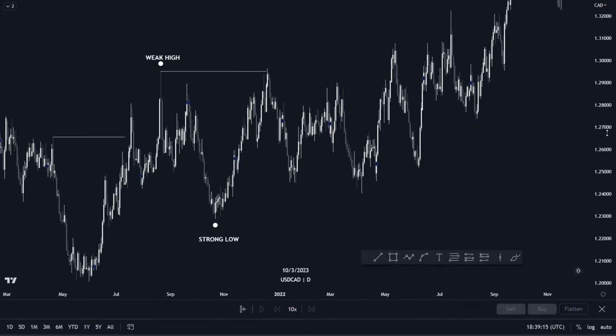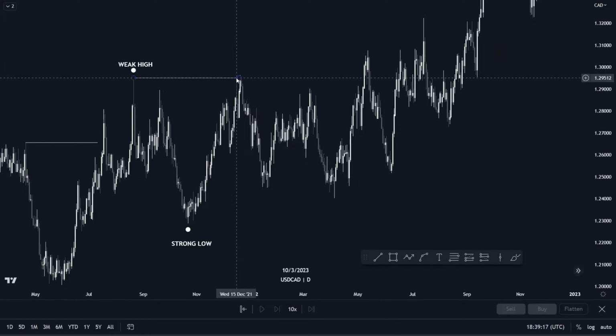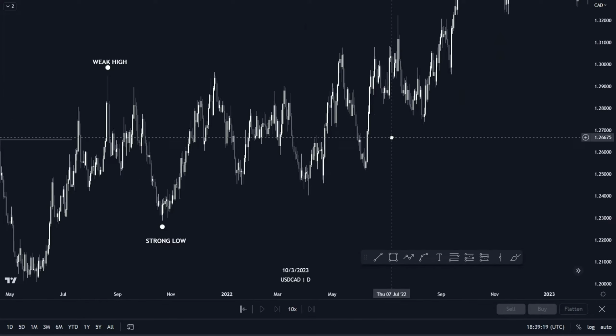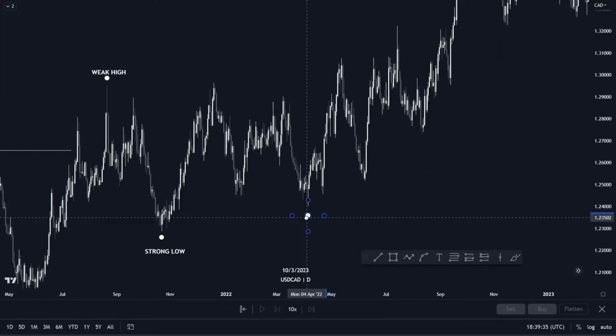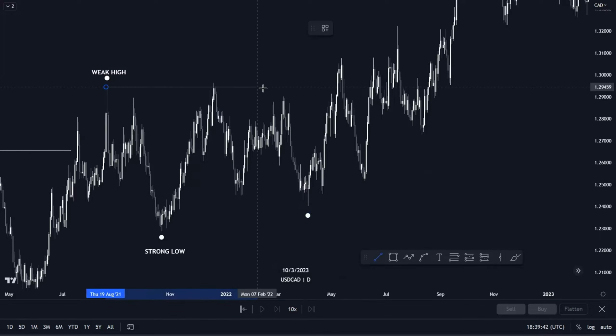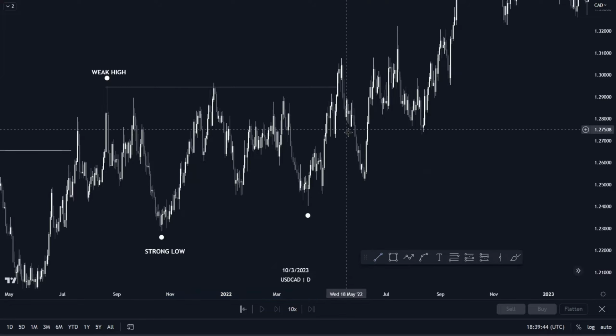As price continues pushing to the upside, we can see that it creates this low here. Price eventually pushes to the downside, respecting our higher low here, and pushes to the upside, and now we have a candlestick body close, as you can see here.